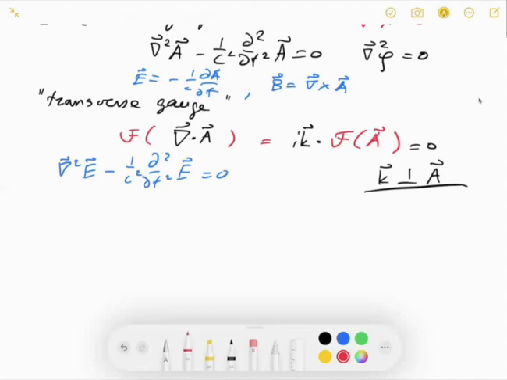Then if we take the Fourier transform, and by this we mean the double Fourier transform in x and t, then anytime we get a derivative, we pick up some kind of a factor that comes out.